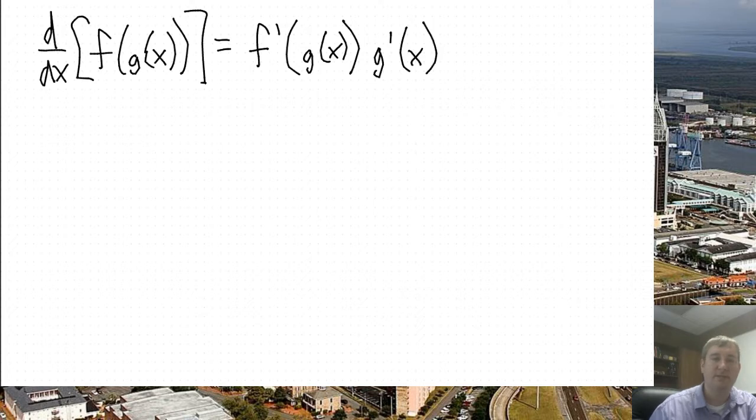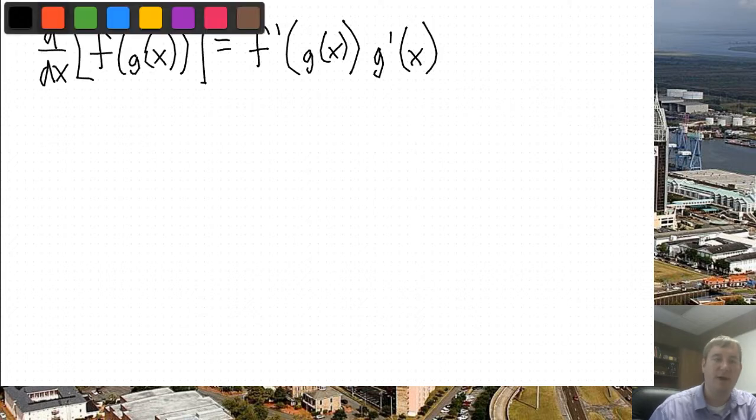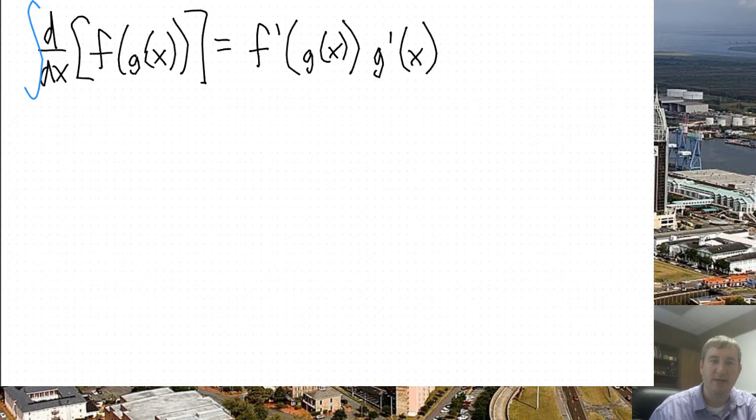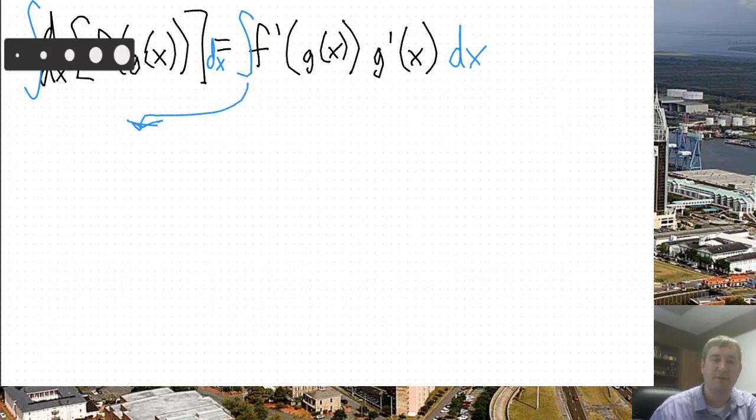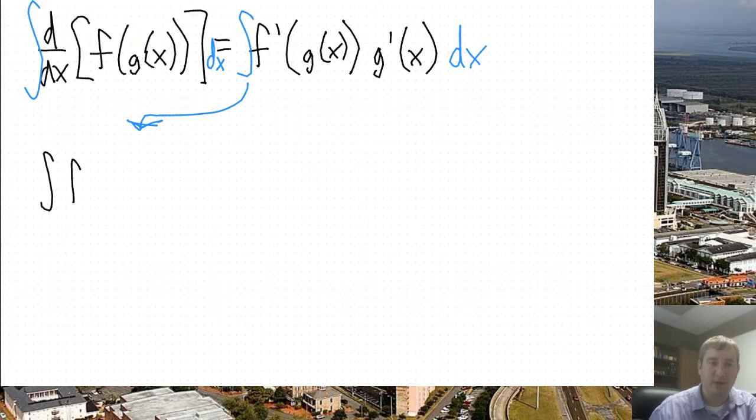Now, this can also be reversed. If I were to integrate both sides of the formula, and I can write the right-hand side on the left, this would be the integral of f prime of g of x times g prime of x.